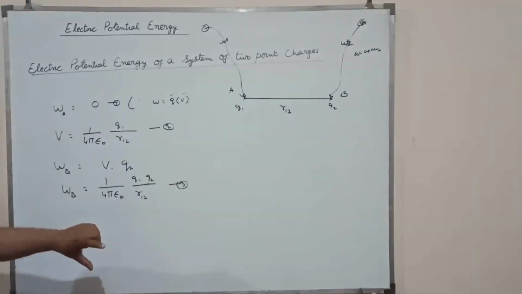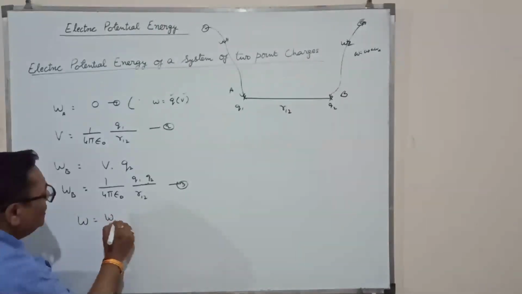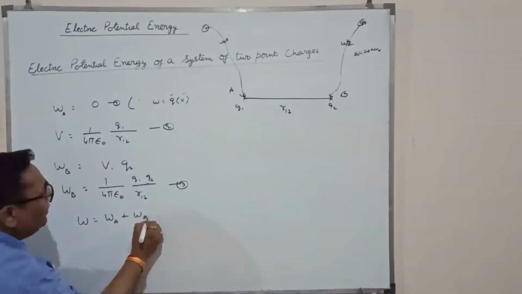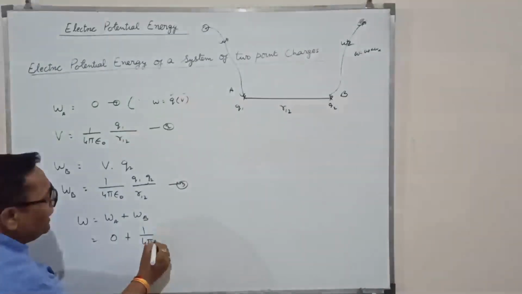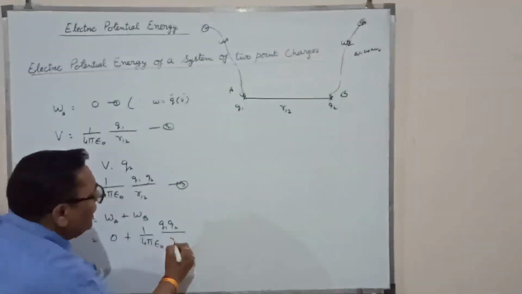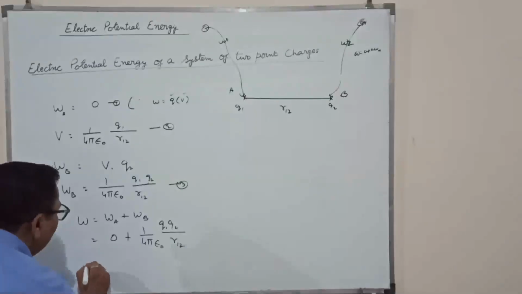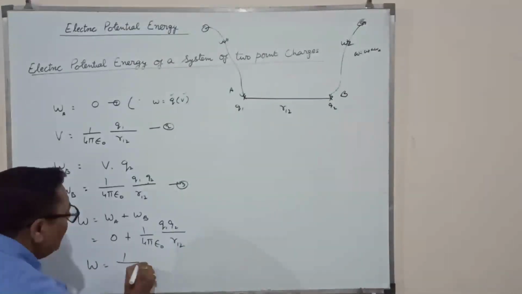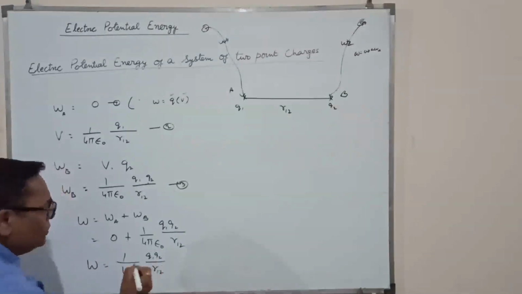Now the total work done to assemble a system of charged particles, W, equals WA plus WB, that is 0 plus 1 upon 4 pi epsilon 0 Q1 Q2 upon R12. Clear? And W equals 1 upon 4 pi epsilon 0 Q1 Q2 upon R12.